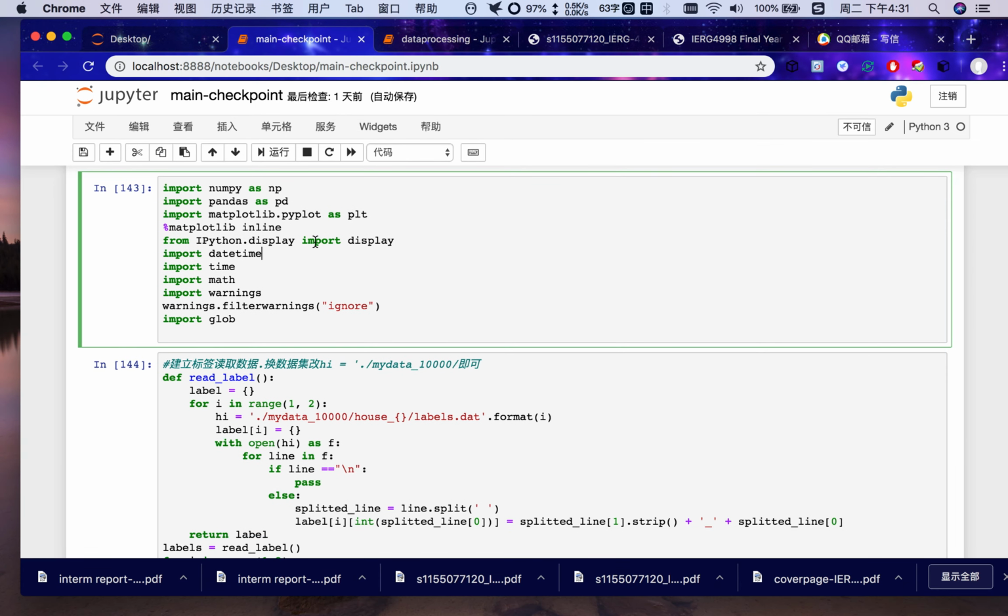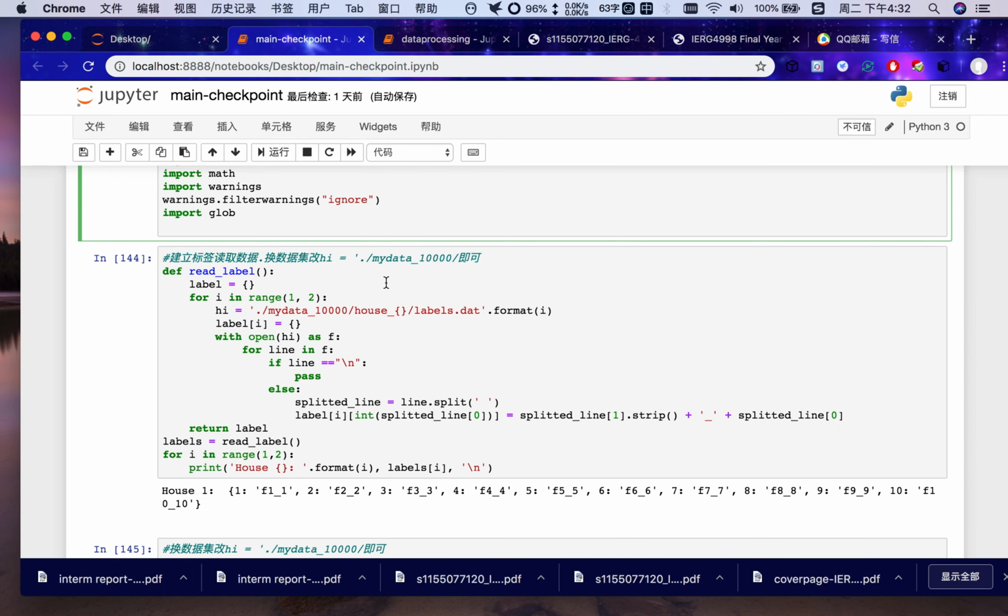In this case, we have nine appliance information in this dataset, and the last one is the total power of all the electronic equipment.